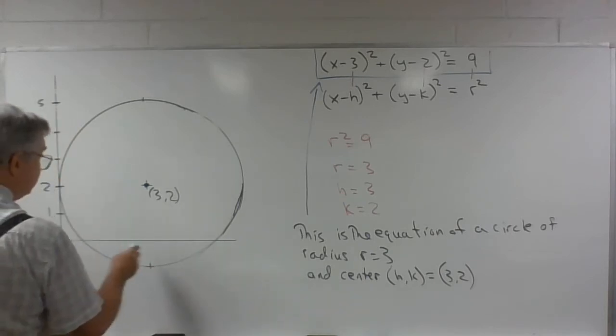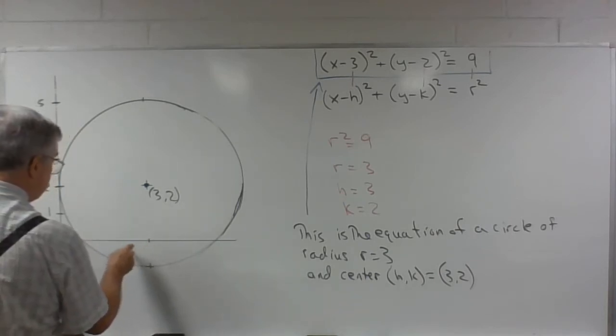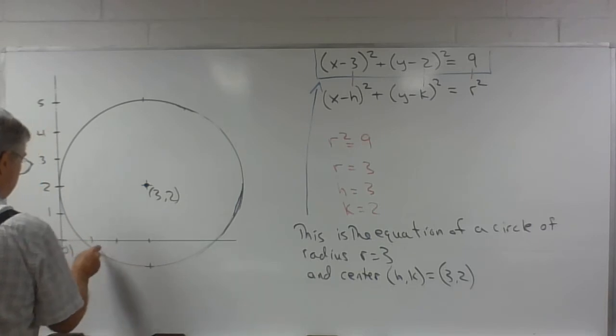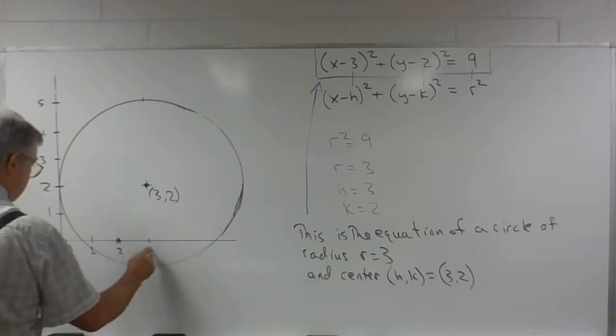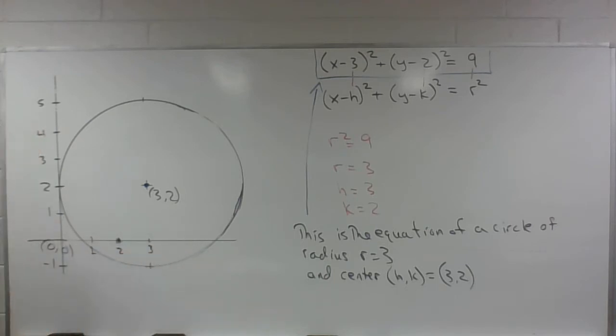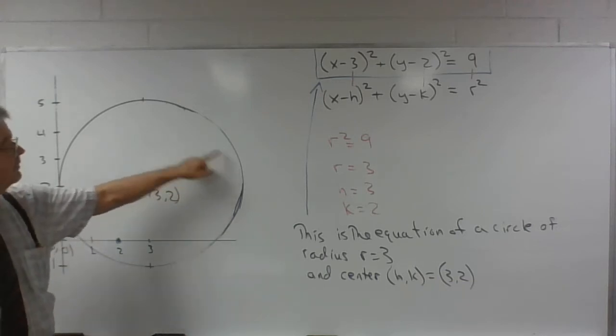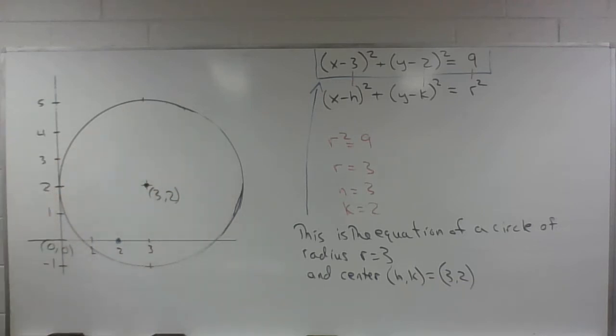So here's somewhere around there. Here's the point (3, 2), that's our center. And every point on the circumference of the circle is a distance of 3 from the center.